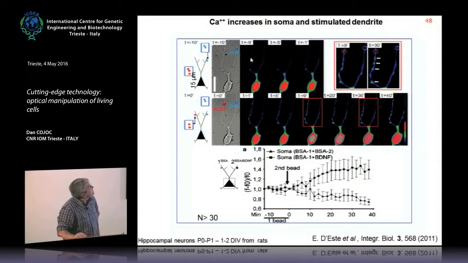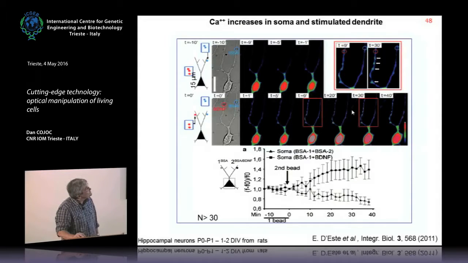So for the calcium increase, you can see here the neuron, the cell body, the neurites. First we apply a control bead coated with BSA, and we look at the fluorescence, and we do not have a change in fluorescence. Then we apply the BDNF bead, and we see the increase of fluorescence in the cell body.